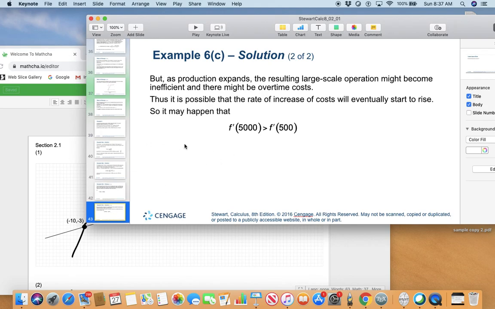Okay, so it may happen that f prime at 5000, by the way, at some point, if your factory is too large, you are probably getting to be inefficient also. So probably the 5001st yard is more expensive to manufacture than the 501st yard. Okay, that's also a possible feature.